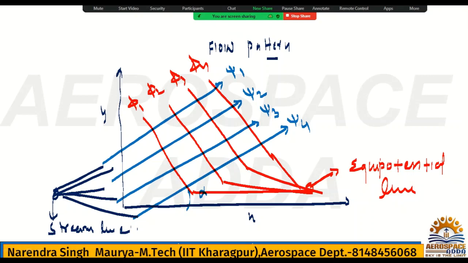All right, streamline and equipotential. So this is the flow pattern when there is inclined flow. Hope you are getting this. It's very simple only.